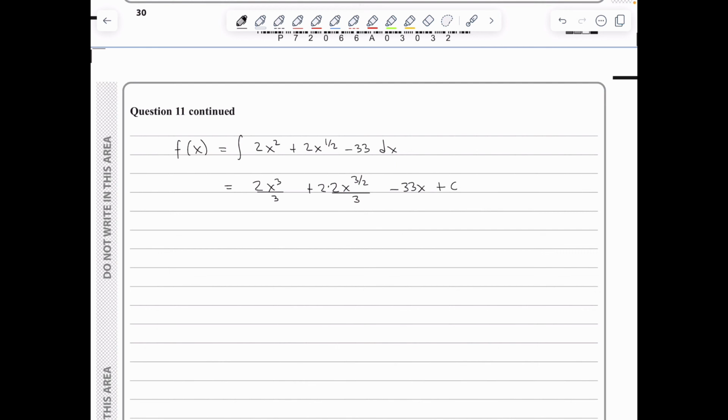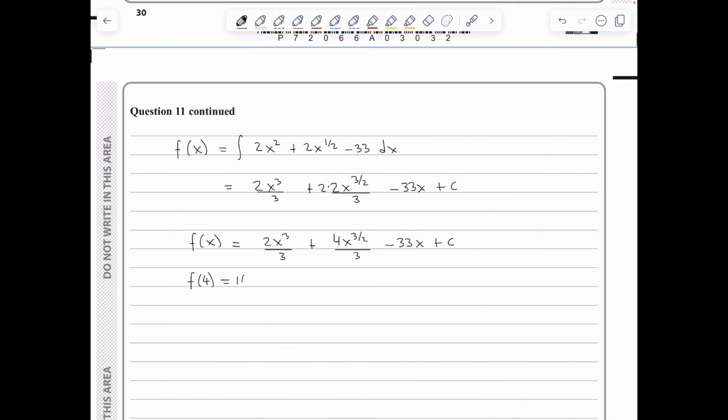This simplifies to f of x being 2x cubed over 3 plus 4x to the 3 over 2 over 3 minus 33x plus c.